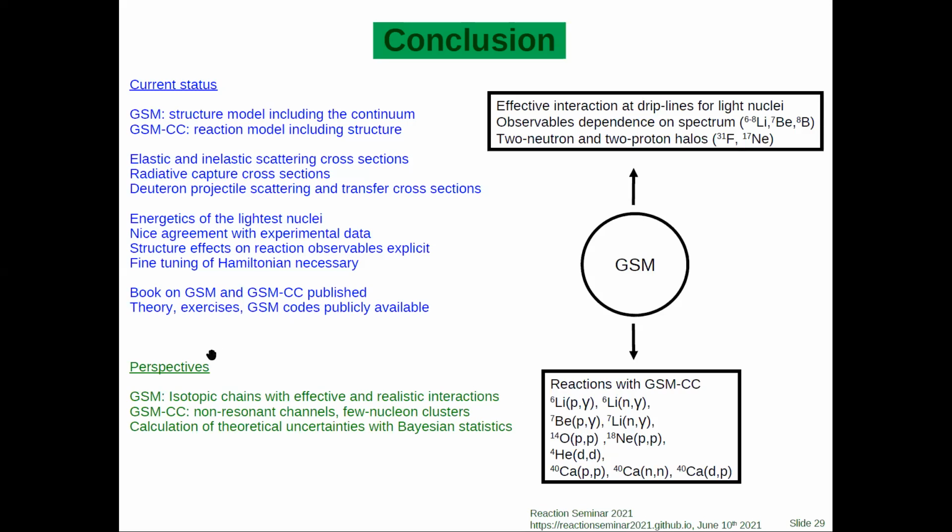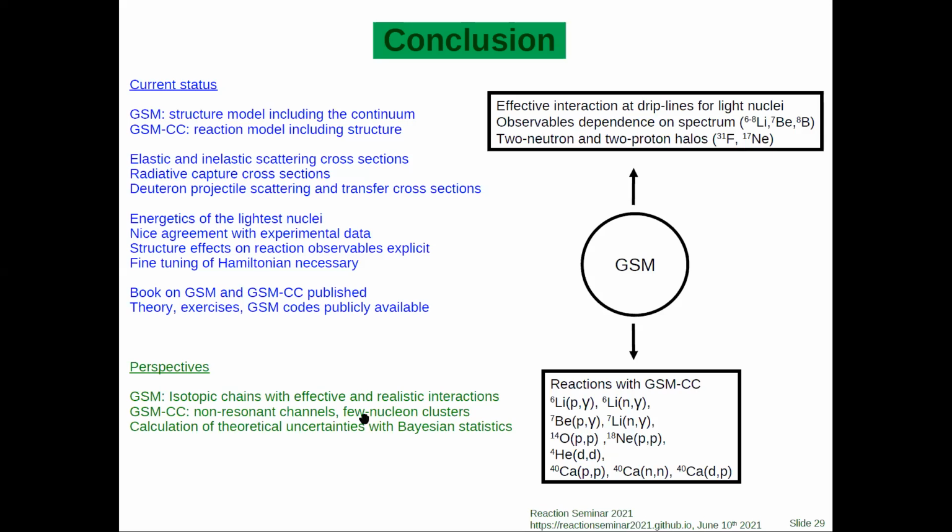In the future, we plan to use GSM with many isotopic chains with effective and realistic interactions. Indeed, we have the FHT interaction, which has to be fitted, but also we can calculate in a realistic framework with the core using the AKK method, as I showed with neon-17. With GSMCC, we plan to consider more calculations with few-nucleon clusters: deuteron, but also triton, and maybe alpha soon.